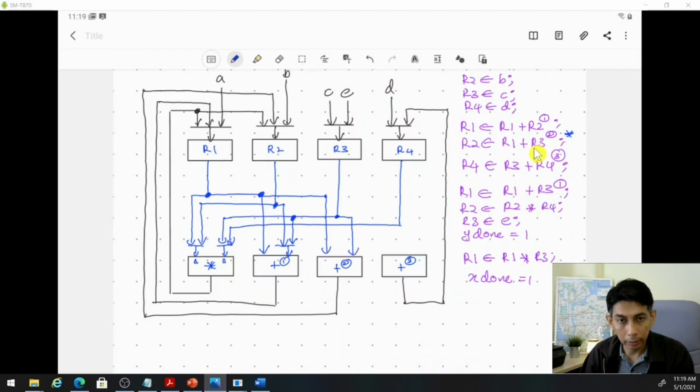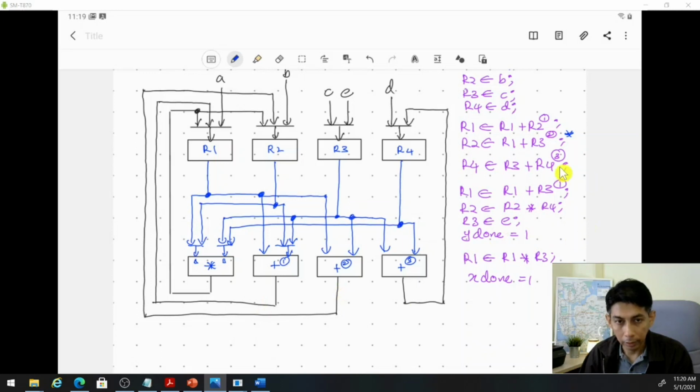And the last one is adder number 3. Again, for adder number 3 we have only one operation here, R3 plus R4, so it should be easy. We have R4 here, and we have R3 here. So this is the connection, the input and the output are done already.